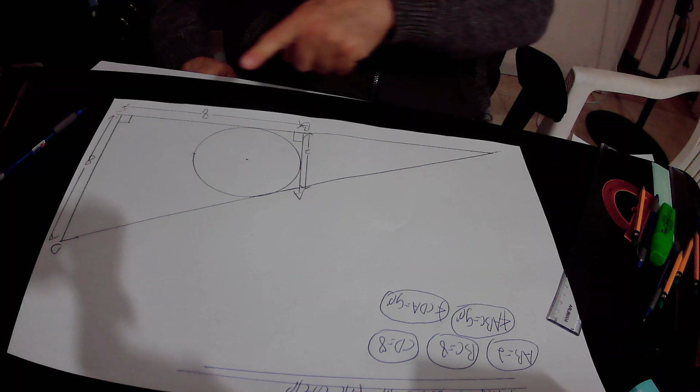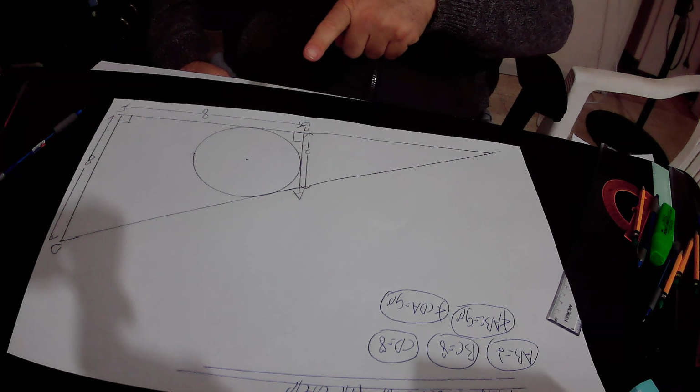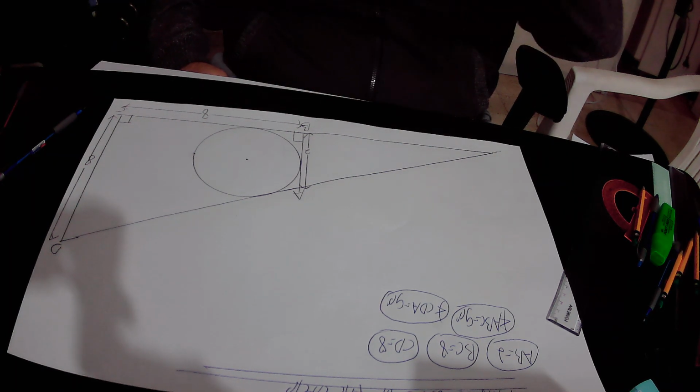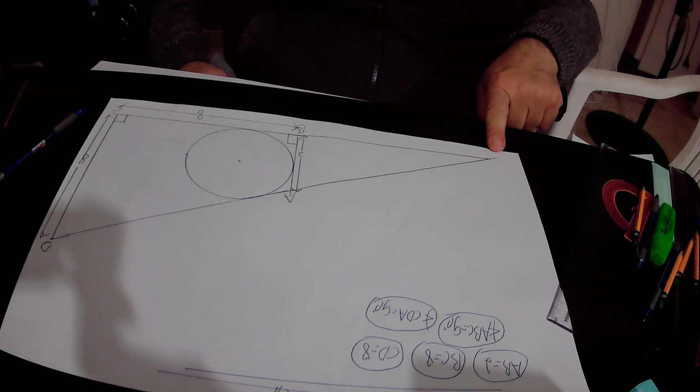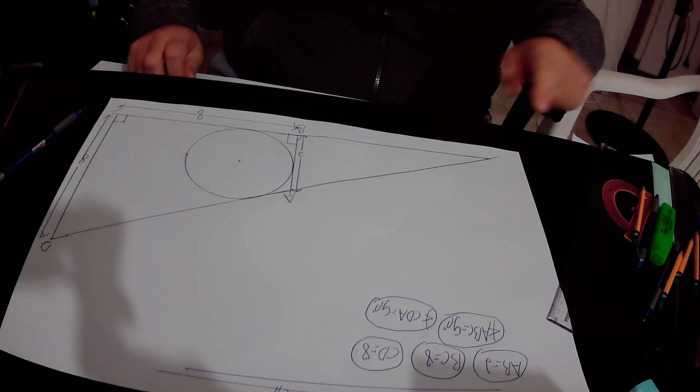The extended side CB and the extended side DA touch each other here at this point. We will define their touching point as point M.